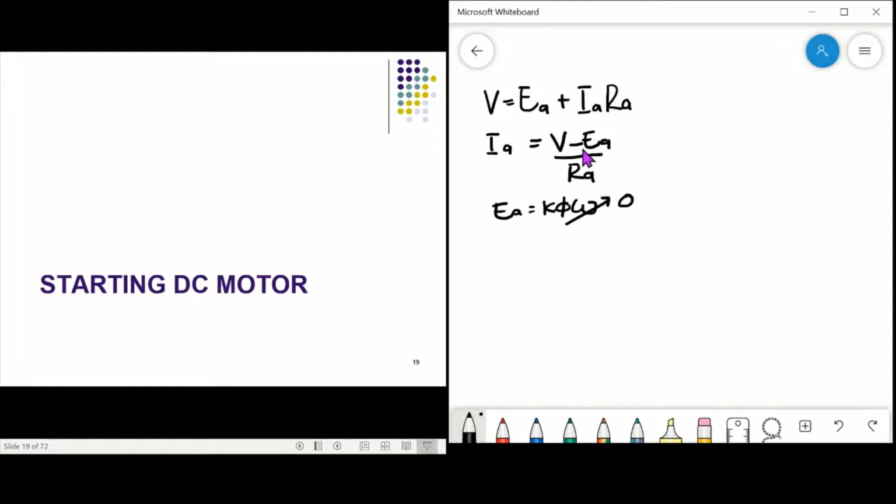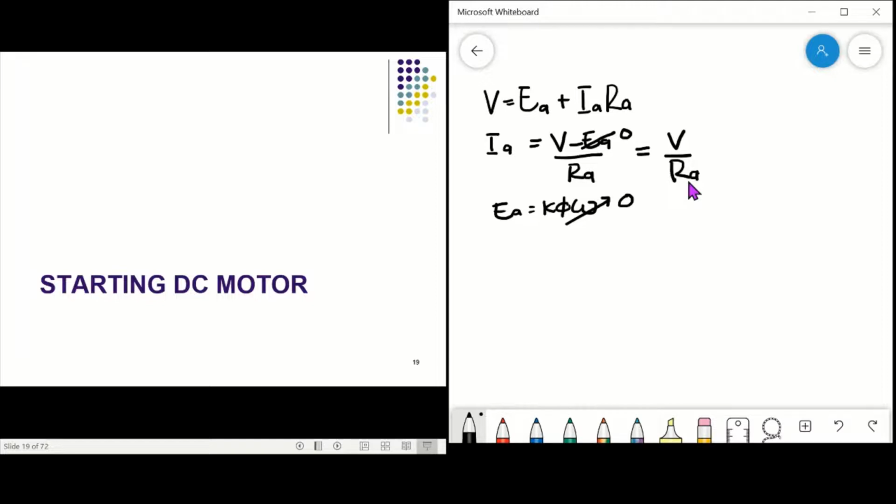So what happened here? IA = V over RA. So starting current depends on terminal voltage and armature resistance. In practical DC machines, armature resistance is very low, generally about 0.5 ohm.